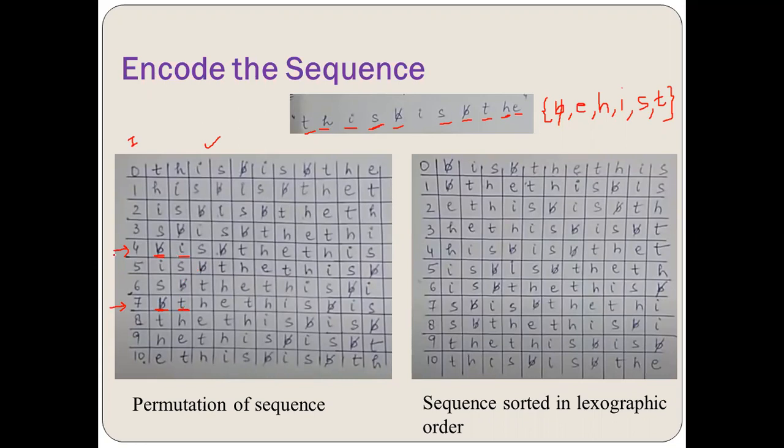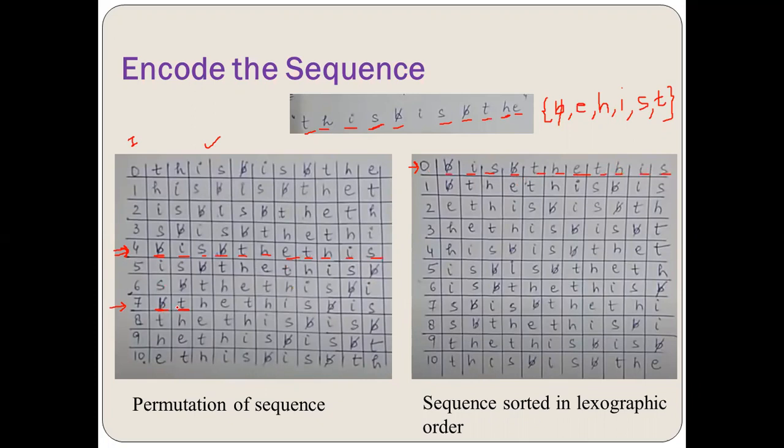So I am going to take the 4th row as the first row here, 0th position. That is B bar, I, S, B bar, T, H, E, then T, H, I, S. After that, I'll take this one.